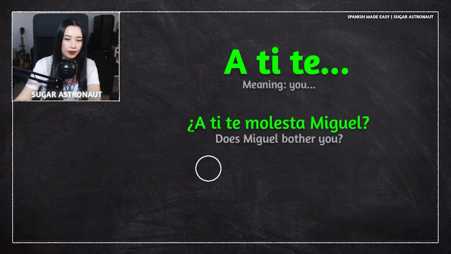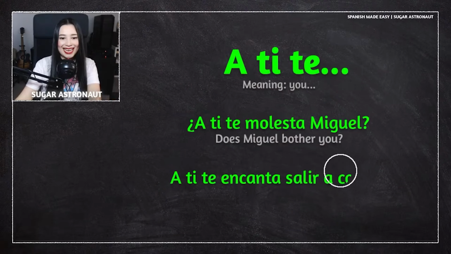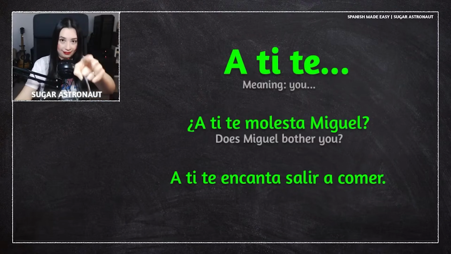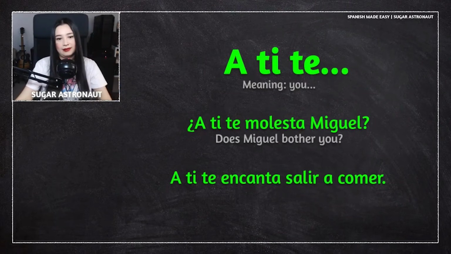Now, the next example, guys. The next example is: a ti te encanta salir a comer. A ti te encanta salir a comer. Okay? What does this mean?